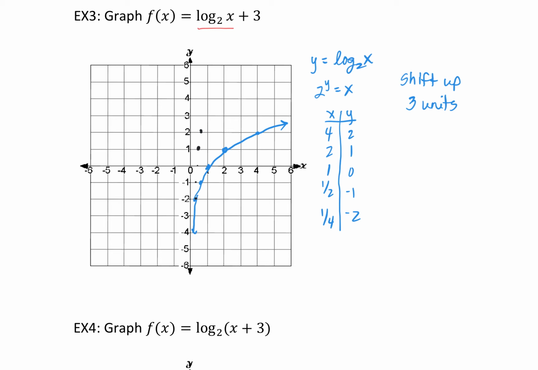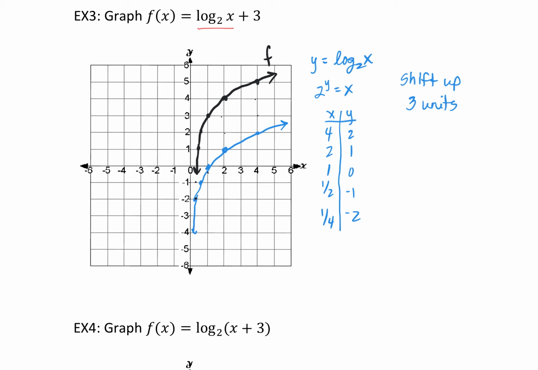At the 0, 1, 2, 3. At 4, 1, 2, 3. And this becomes my function. So again, the transformations are what you would think they should be.